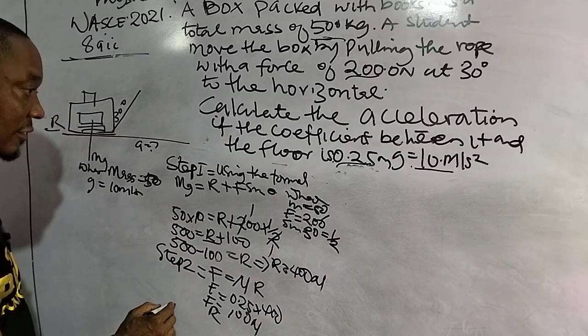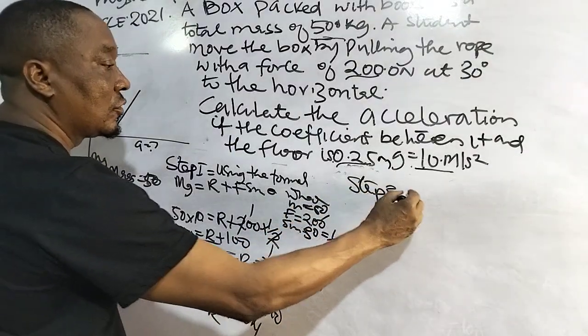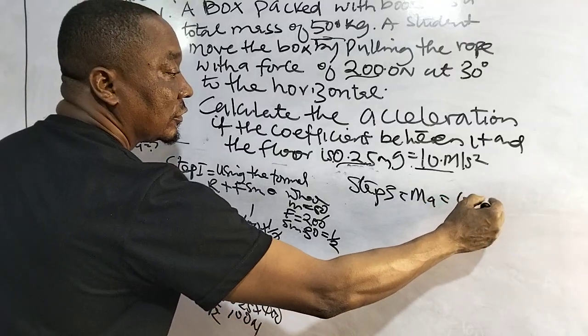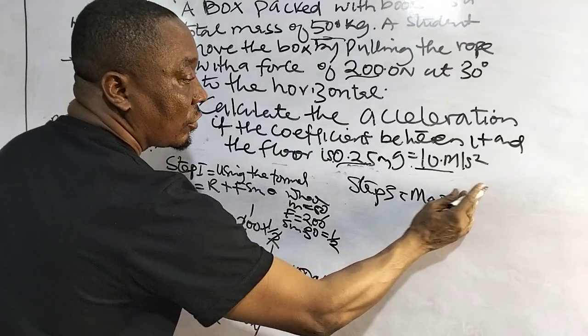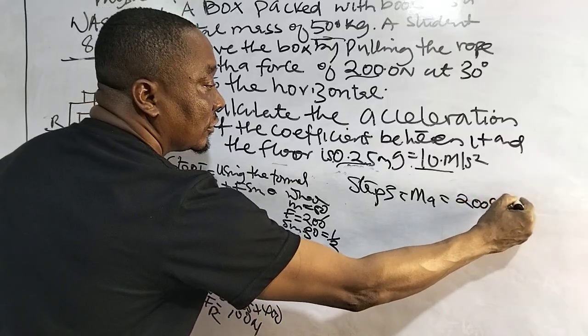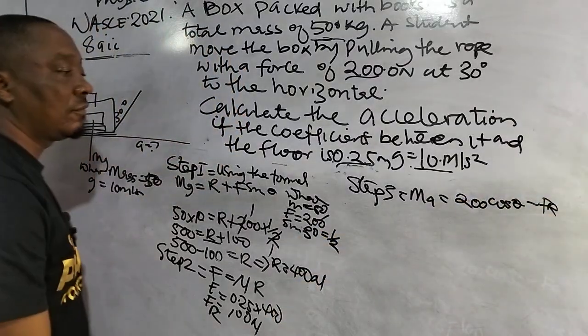In step 3, we are going to use ma equals 200, which is the force, cos theta minus F r. F r is the friction.